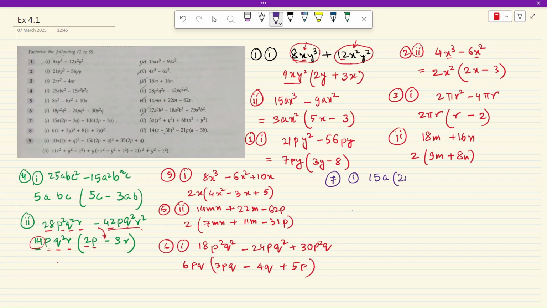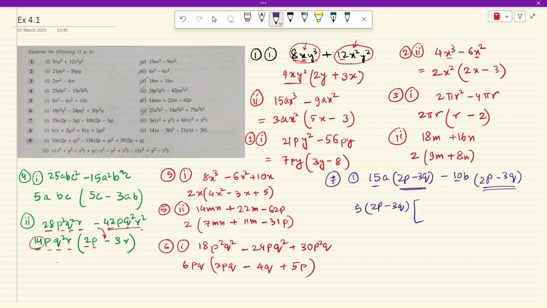This is a very good question. See over here, if you see this type of question, what you can observe is that this 2p minus 3q is basically common in both the cases. So we can simply write 2p minus 3q as common. In case of numbers, you see 15 and 10, the highest factor is 5.